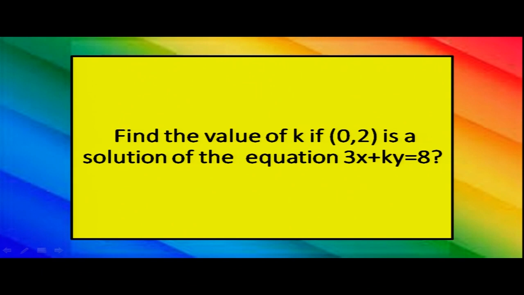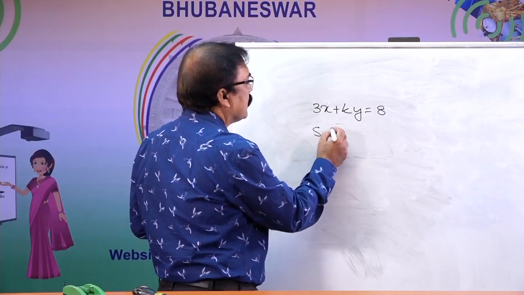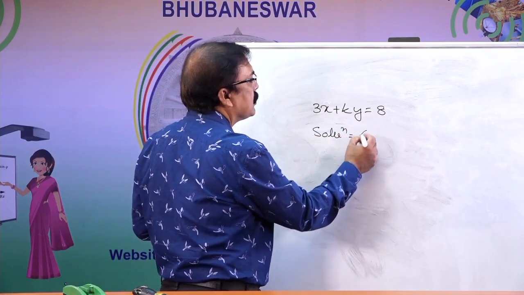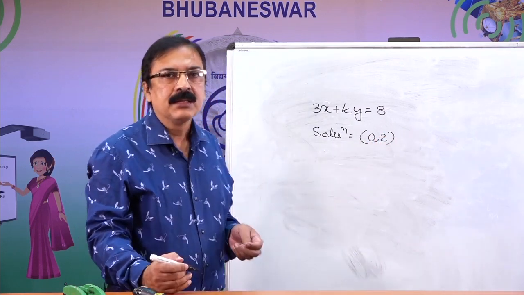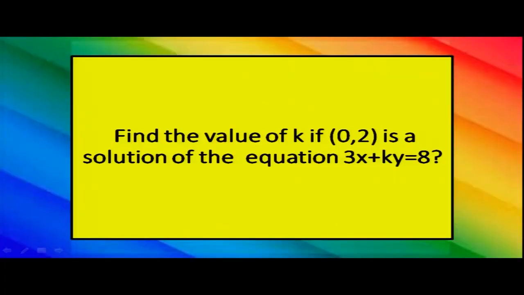Here the position of the unknown coefficient is different. 3x plus ky is equal to 8. This is the equation. What is the solution? The solution is 0, 2. That means the value of x is 0 and the value of y is 2.